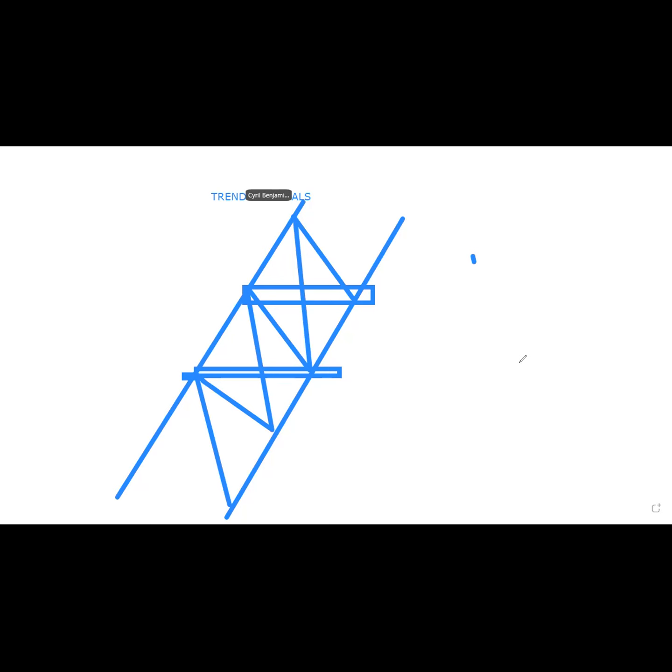Overall change in the direction of the market. Full stop. Notes.